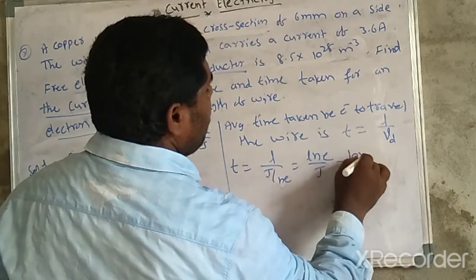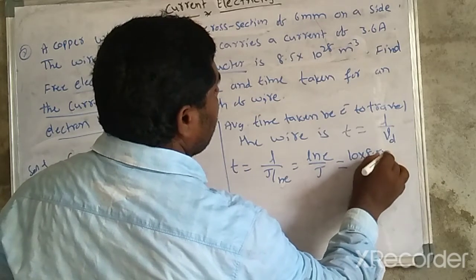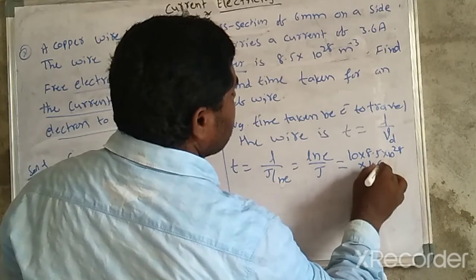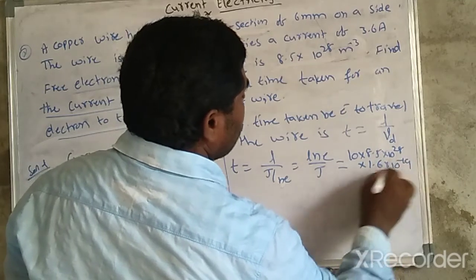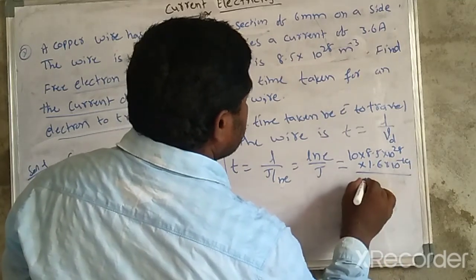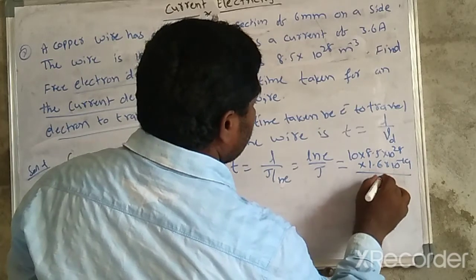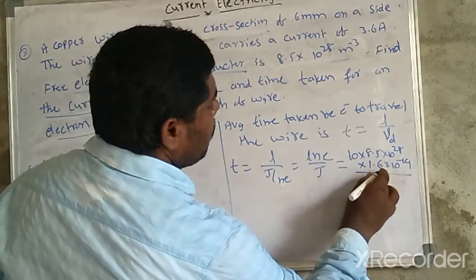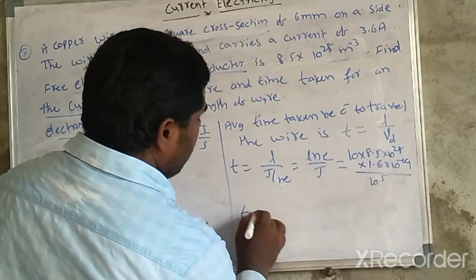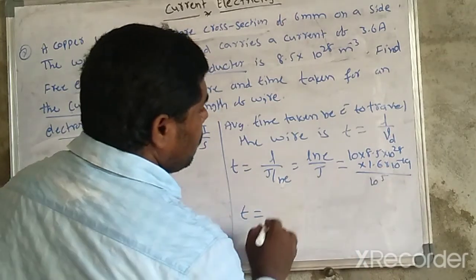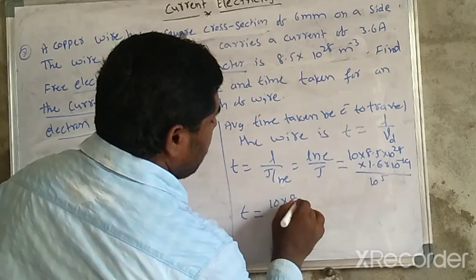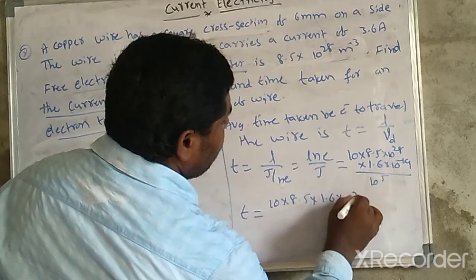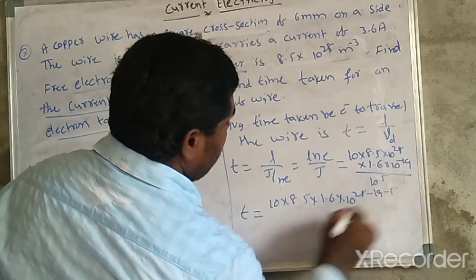L value 10, n value 8.85 into 10 to the power of 28 into 1.6 into 10 to the power of minus 19, divided by J value 10 to the power of 5. Simplify, T is equal to 10 into 8.5 into 1.6 into 10 to the power of 28 minus 19 minus 5.